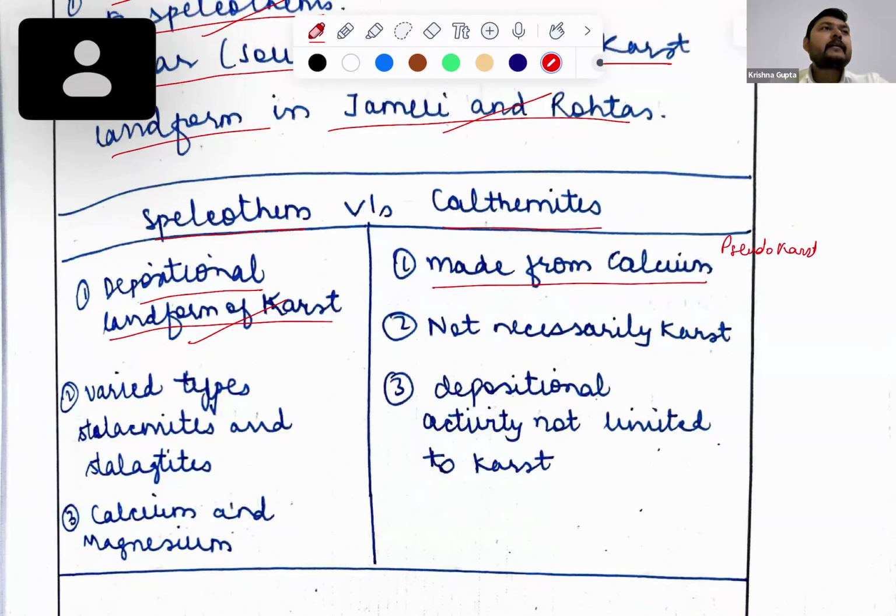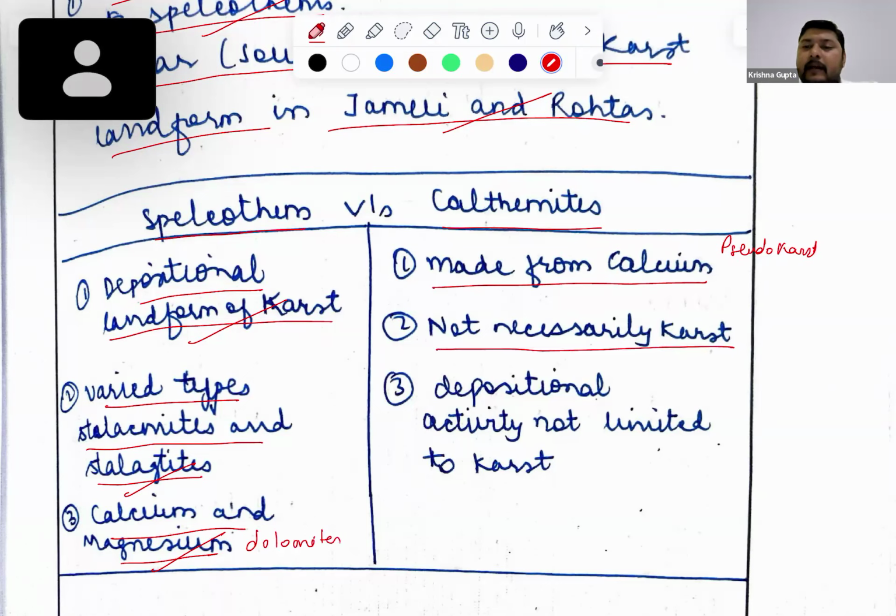So here we can see varied types of stalagmites and stalactites. Calcium and magnesium, dolomites. Not necessarily karst. Depositional activity not limited to karst.